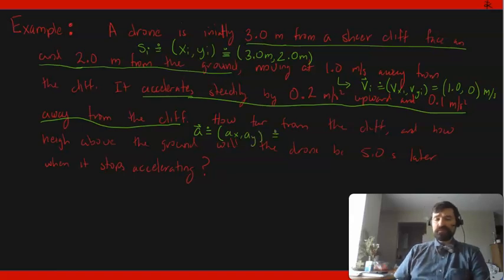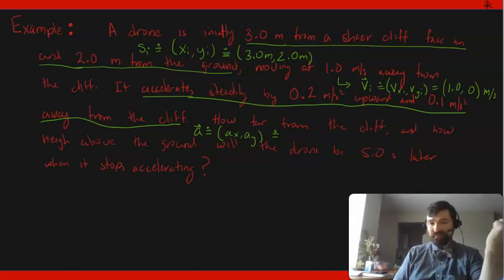It's not really a trick question, it's fairly worded, it's just that the order was flipped around, because it tells you upwards first and then away from the cliff second. So away from the cliff properly goes with x, so the 0.1 meters per second squared goes with x. The 0.2 meters per second squared goes with y, because this is upward.